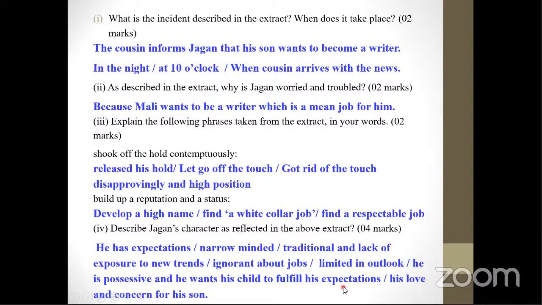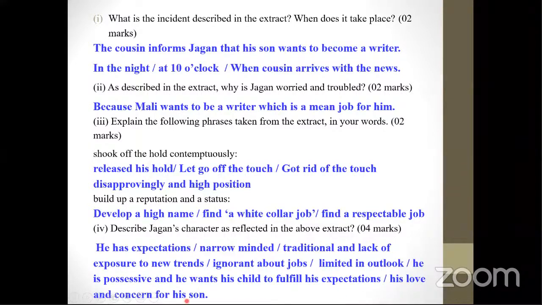A father's responsibility is not only providing materialistic things, fulfilling the needs only, but he has to look into the psychological needs of a child as well. It's huge when it is coming to a son at Mali's age.